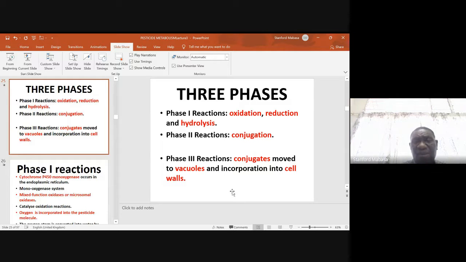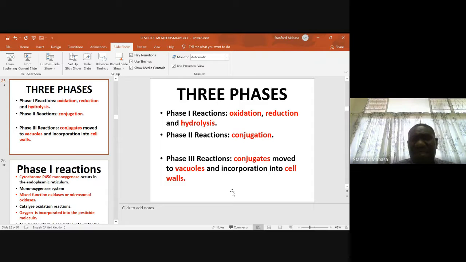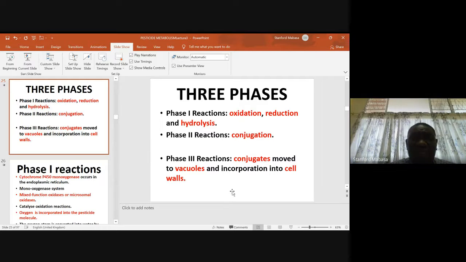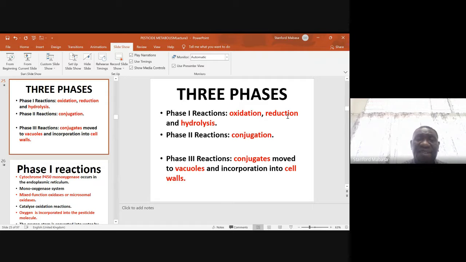So the breakdown of pesticides is mostly facilitated via three phases. We have already talked about the activity of hydrolysis in phase 1. There are also other reactions in phase 1, which are oxidation, reduction, and hydrolysis.